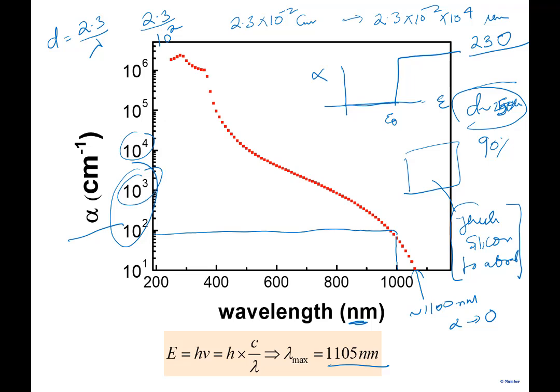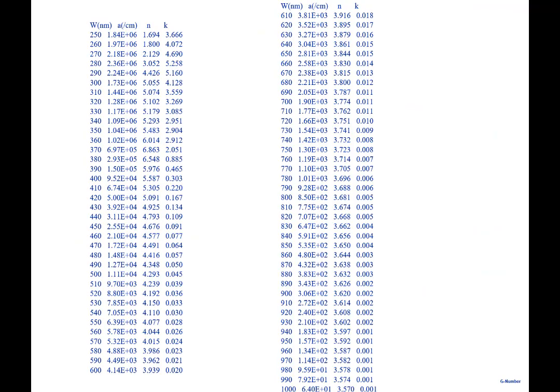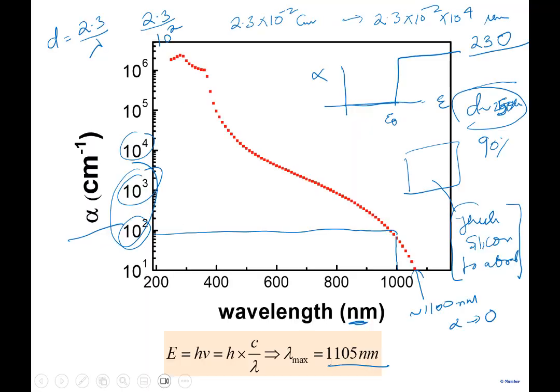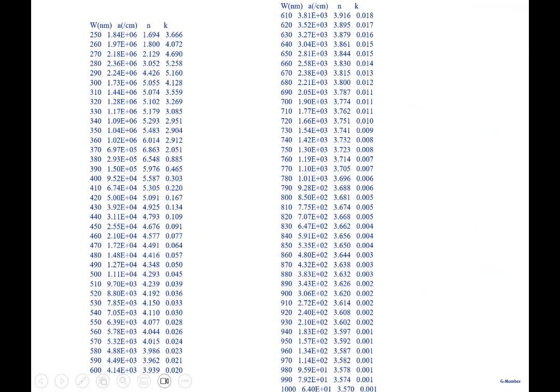The lower ones, 10 power 2 and all that, will travel an even longer distance before they get absorbed, right? So this is something that you have to keep in mind. The alpha goes like this, and I need at least 250 or so micron to absorb.